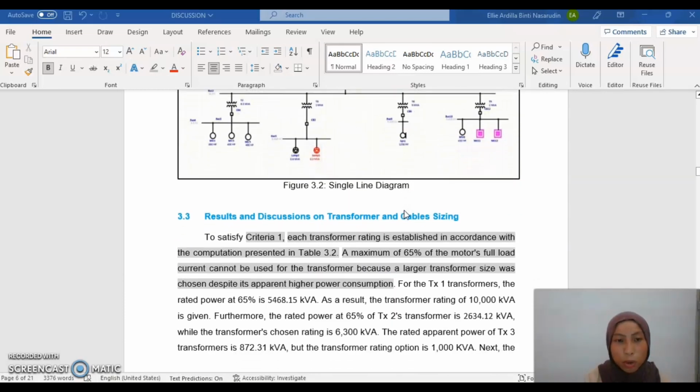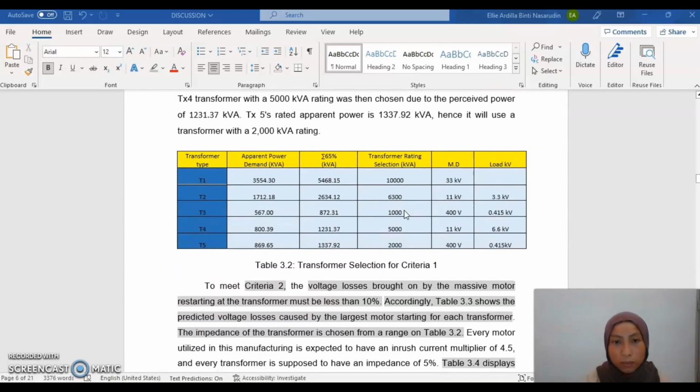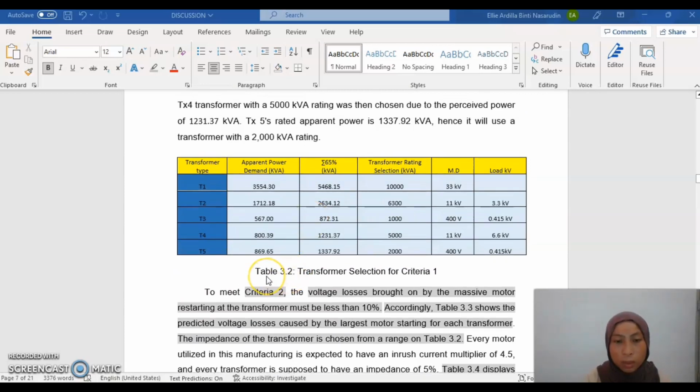And then for 3.3, which is the result and discussion on transformer and cable sizing, for criteria 1, each transformer rating is established in accordance with the computation presented in table 3.2, which is here. So in table 3.2, we have 5 transformer types, transformer 1 until transformer 5.